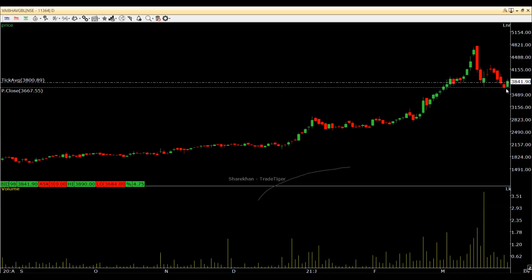So if the market sustains now, Vaibhav is actually a high beta stock. It changes quite rapidly with the market. So if the market cracks, then the chances of you getting this level is very high. Right. Okay, but even at this level where it is right now, it is not a very unsafe level, no?